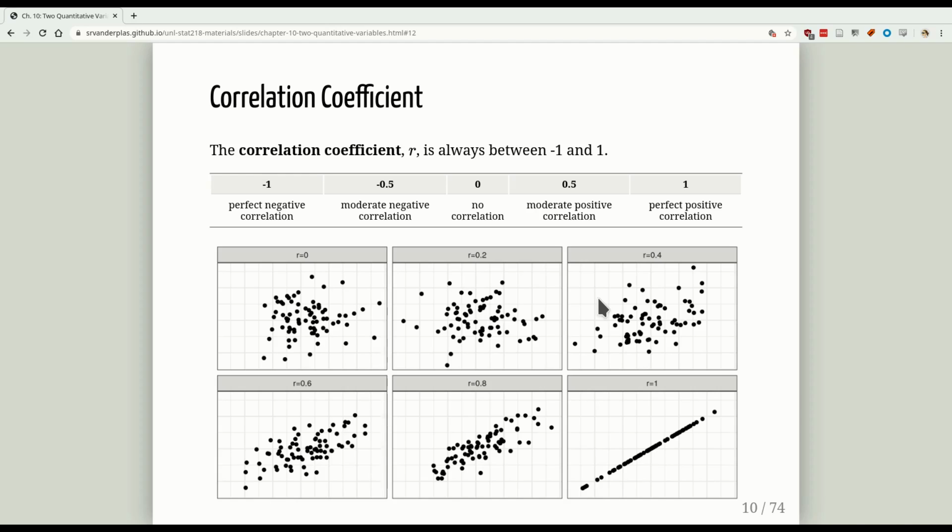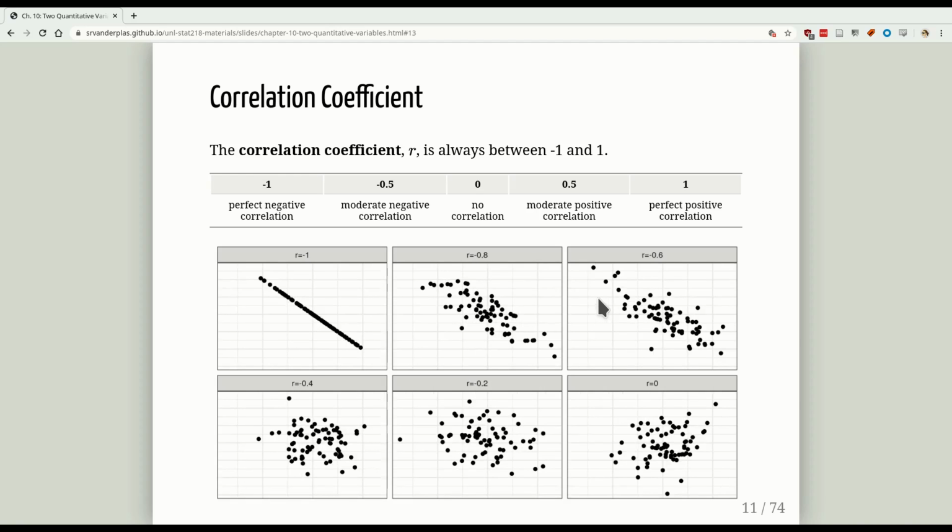R equals 0.8 is, again, even tighter. And then R equals 1 is a perfect line. Similarly, if we look at the negative side of the spectrum, you see more or less the same thing in reverse. You start with that perfect negative correlation, a perfect straight line, and then the points branch out a little bit more each time until you're back at that shotgun scatter nothingness.